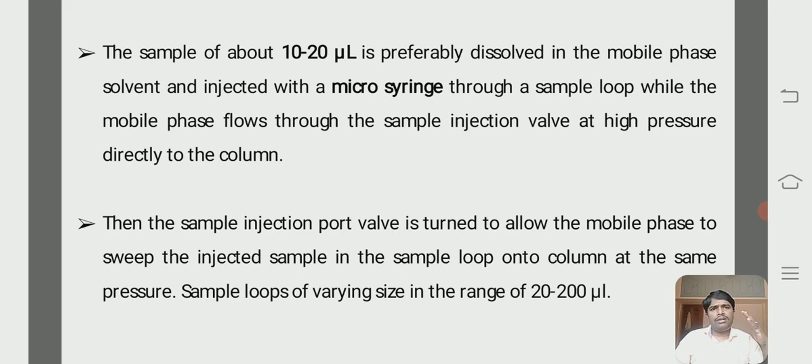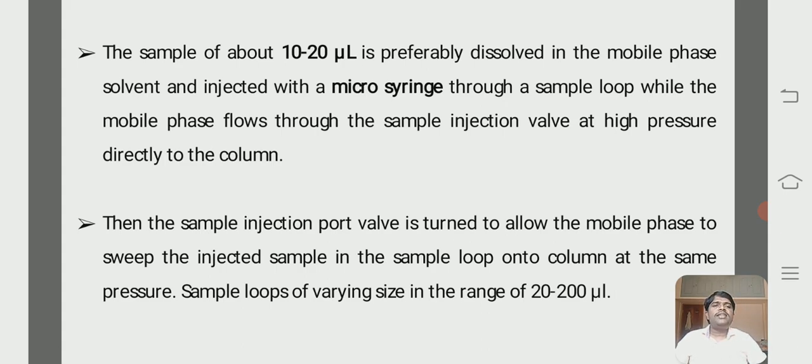The sample of about 10 to 20 microliters is preferably dissolved in the mobile phase solvent and injected with a micro syringe through a sample loop, while the mobile phase flows through the sample injection valve at high pressure directly to the column.